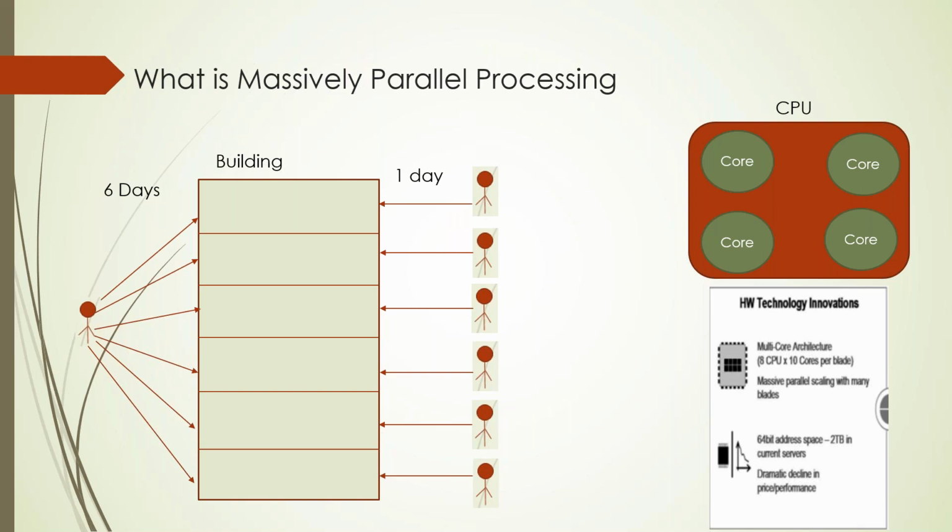The number of CPUs depends upon the sizing of the user load: how many users are going to access the HANA database concurrently, and based on that the number of CPUs will be decided. So with multiple CPUs you get multiple parallel processing. This is what we call parallel processing.